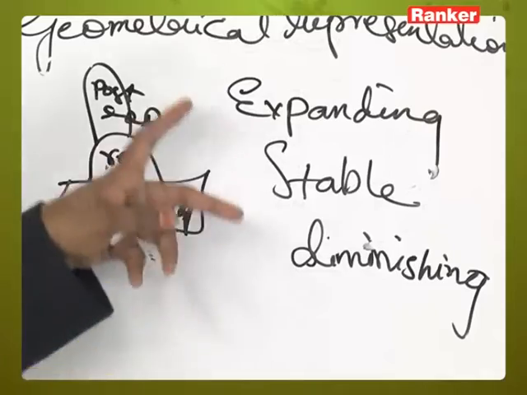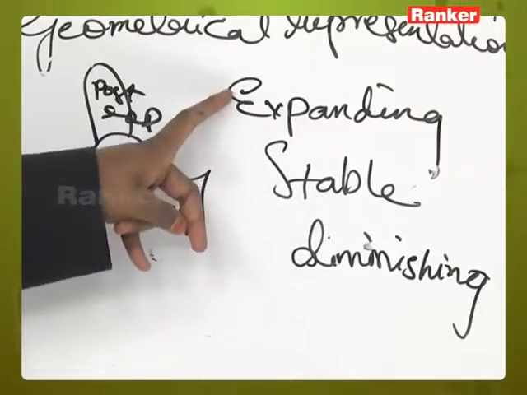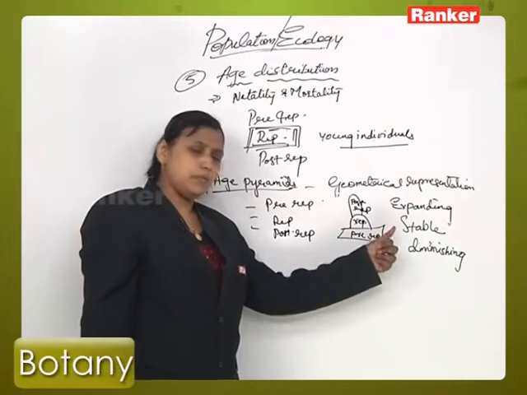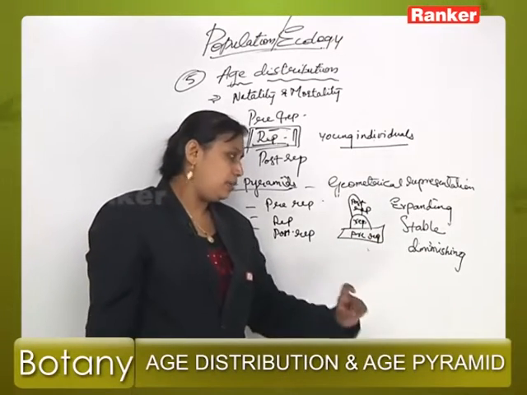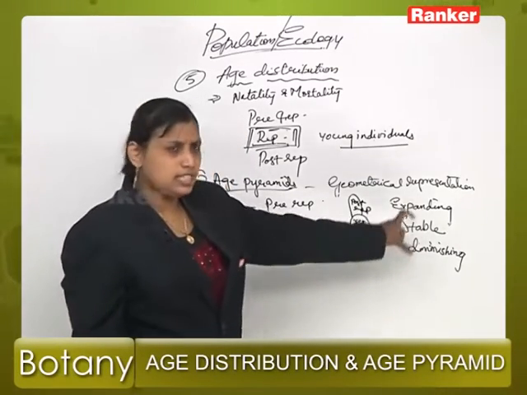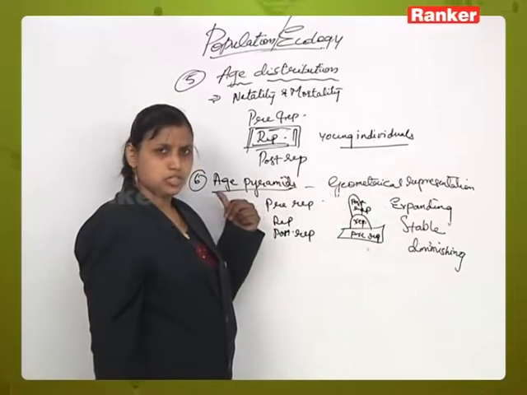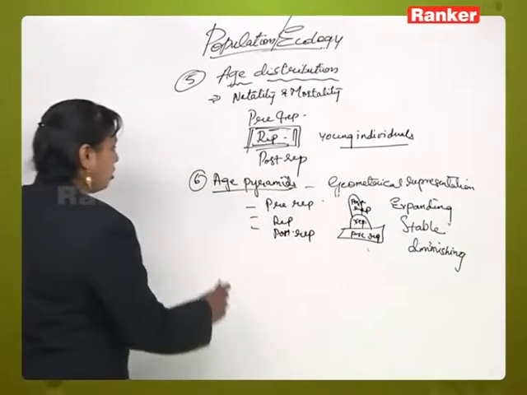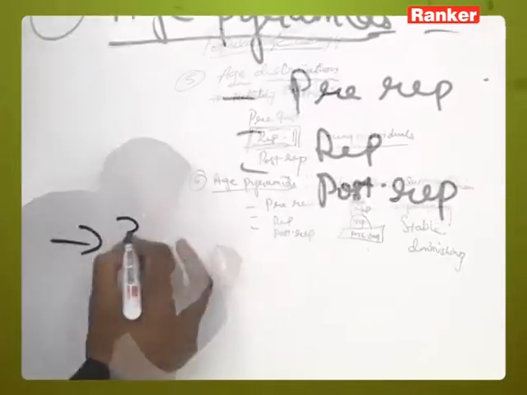So, the population can be in an expanding form, or in the stable form, or in the diminishing form. So, to show these 3 forms of population on the basis of the growth in 3 different phases, age pyramids are of 3 types.